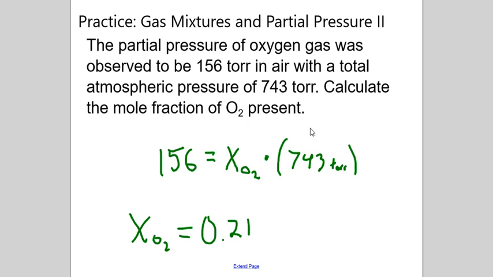We don't know anything about other gases, so there are obviously other gases involved because we're talking about air pressure, but all we know is the partial pressure of oxygen and the total pressure. So plug in total pressure, plug in the partial pressure of oxygen, and we can solve for the mole fraction of oxygen, which in this case is 0.21.